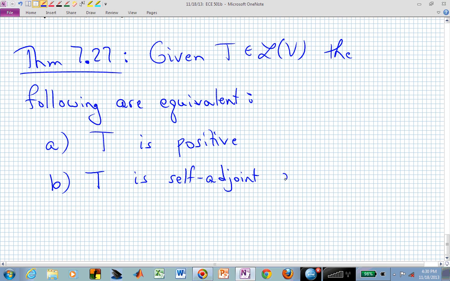T is self-adjoint, and all the eigenvalues of T are non-negative. That's sort of nice. If T is positive, then all the eigenvalues of that operator are non-negative. We don't have any negative eigenvalues. That seems to be nice, consistent with T being positive, if we're thinking about these ideas.